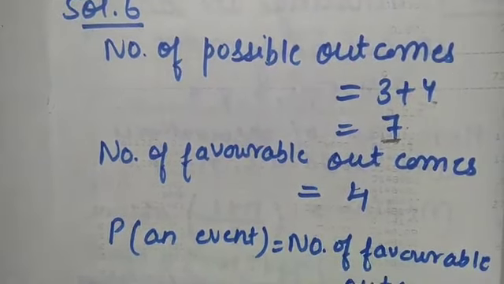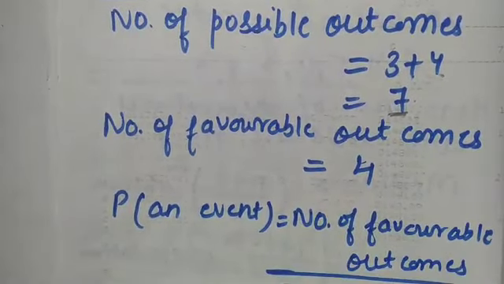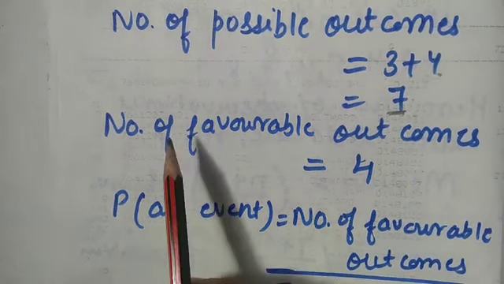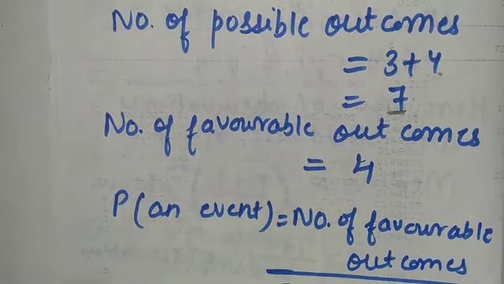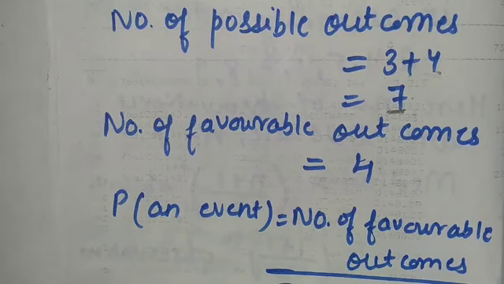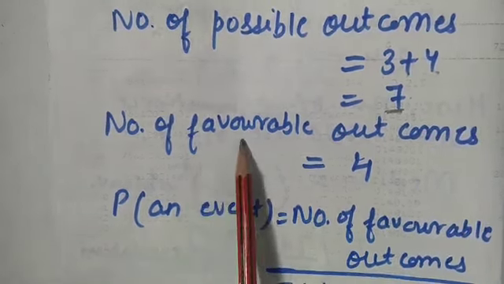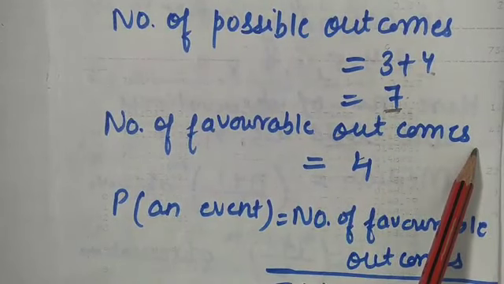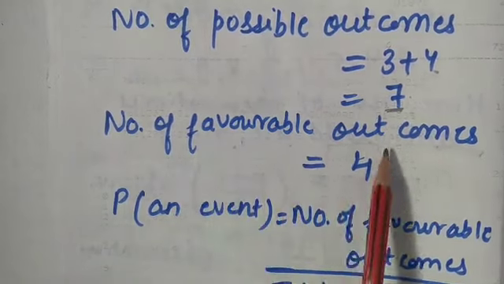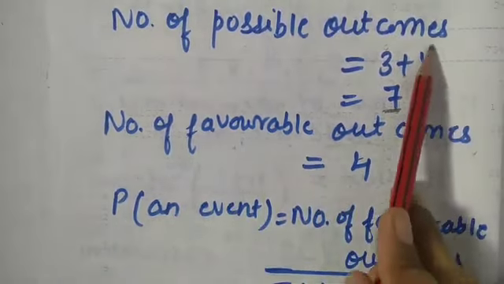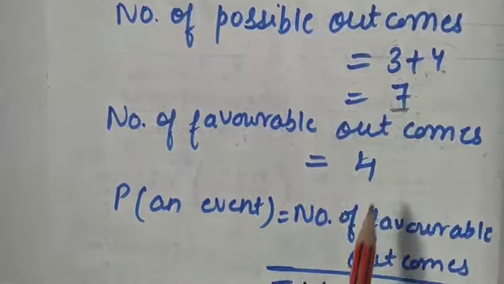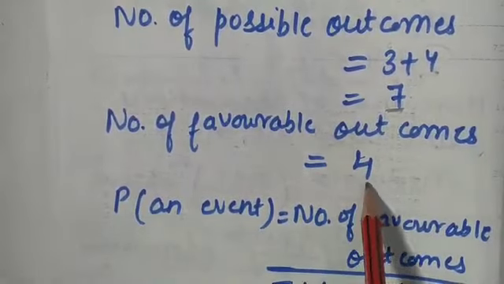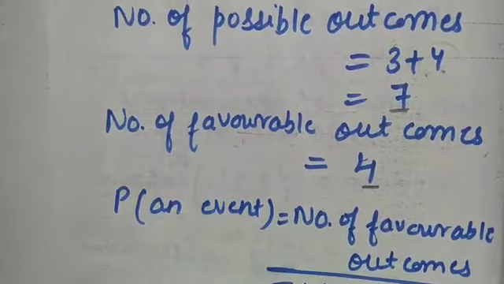Now we have to find the probability that the chosen student is a boy. So the number of favorable outcomes will be the number of boys, because the selected student is a boy. So the number of favorable outcomes is 4, because we have 4 boys out of 7 students.